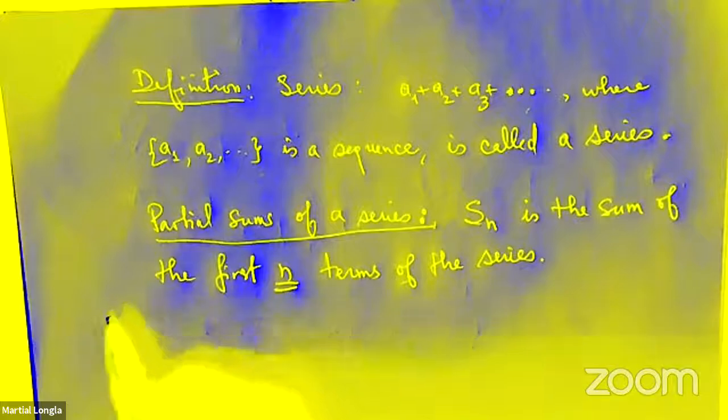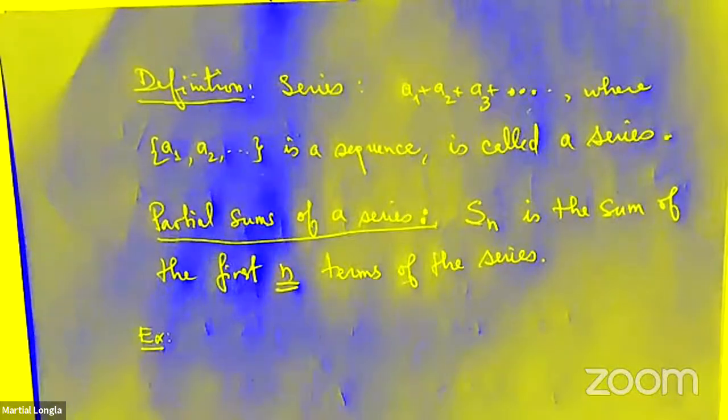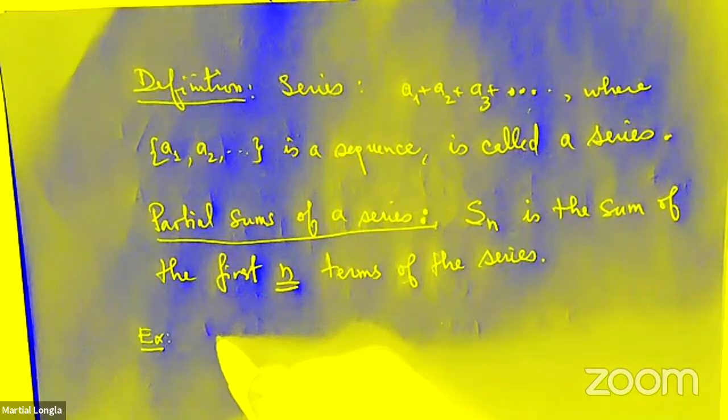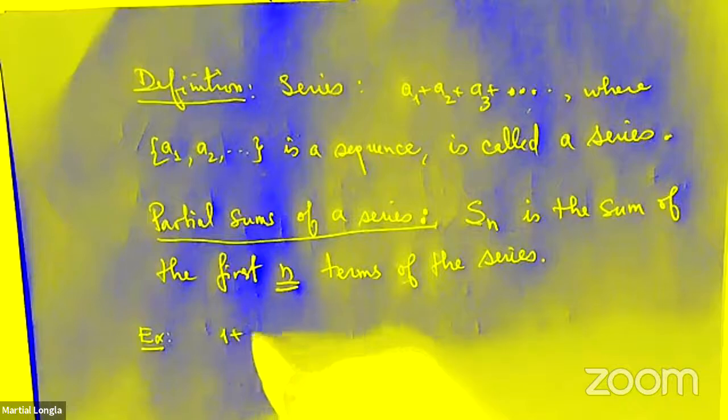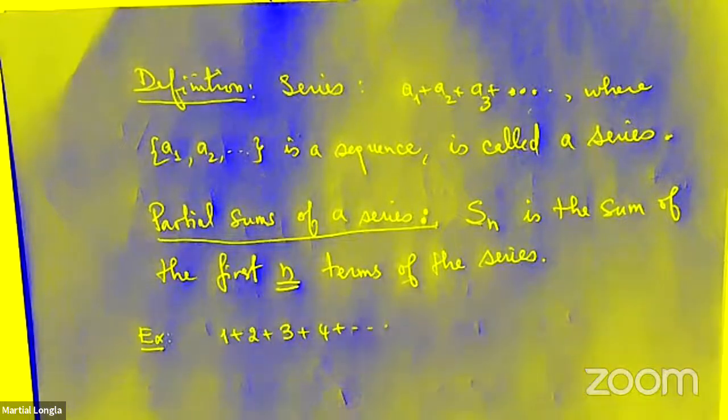So for example, let's say we have 1 plus 2 plus 3 plus 4 and so on. So the sum of integers, right?